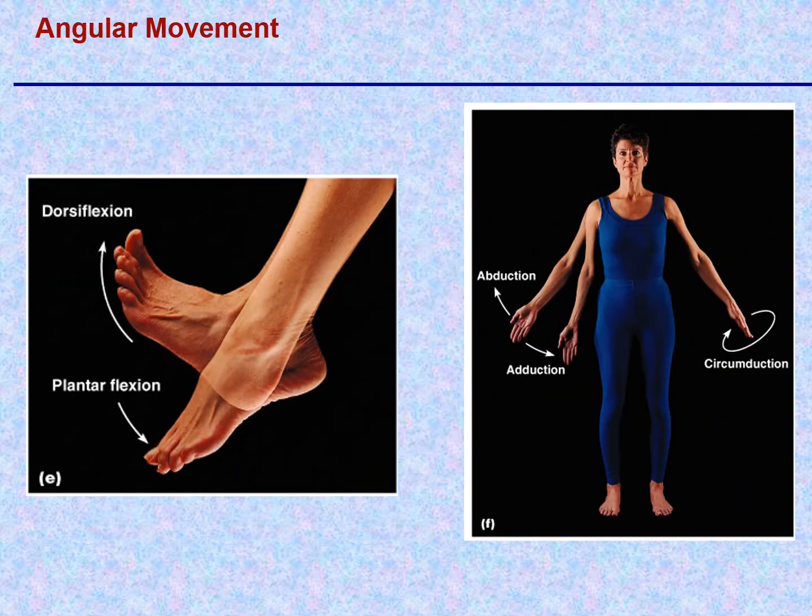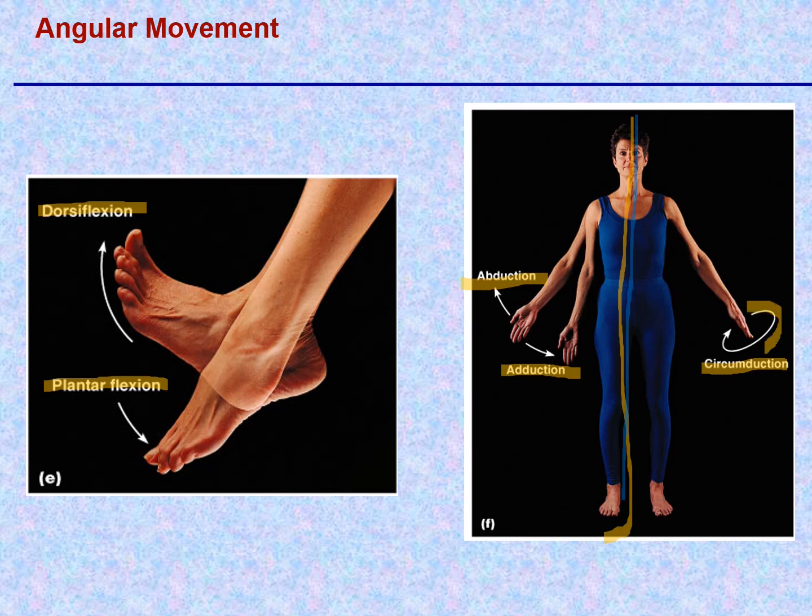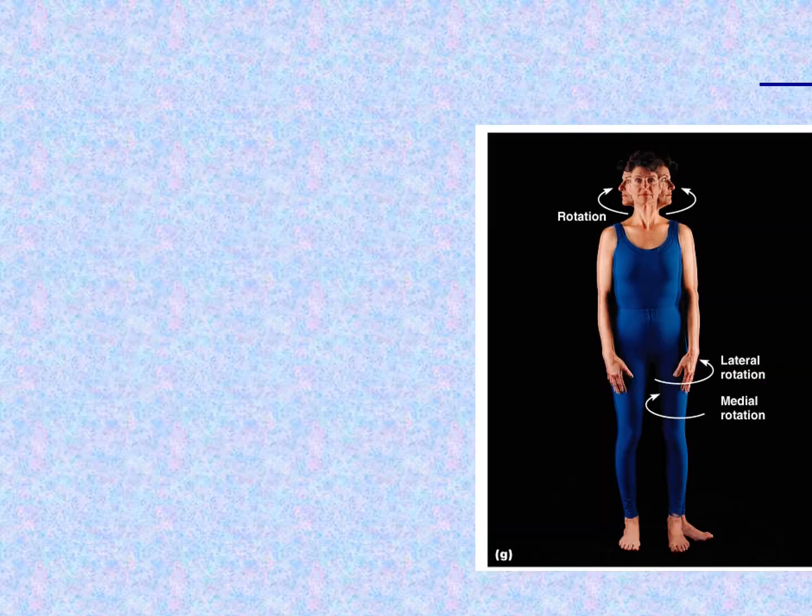Here you have dorsiflexion, raising the foot up because the dorsal side of the foot is going up. When you put your foot downwards, point your toes down, it's plantar flexion. Abduction, you're going away. Adduction, you're going towards the midline, being right down the middle of the person here, right? And here is circumduction, when you're forming a cone shape in space.